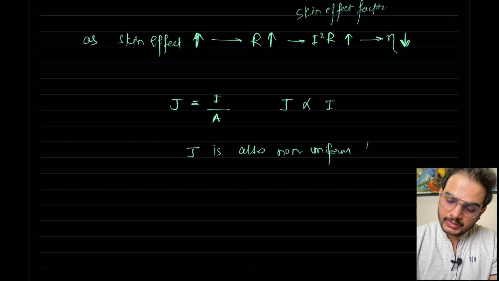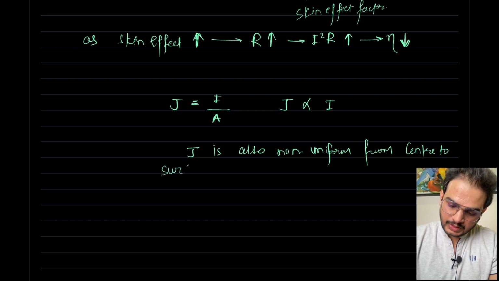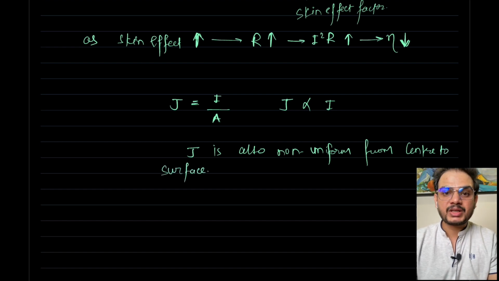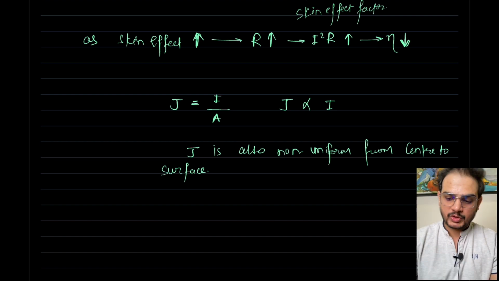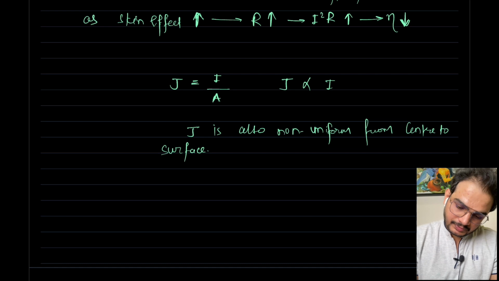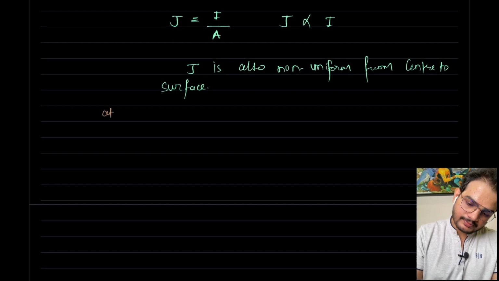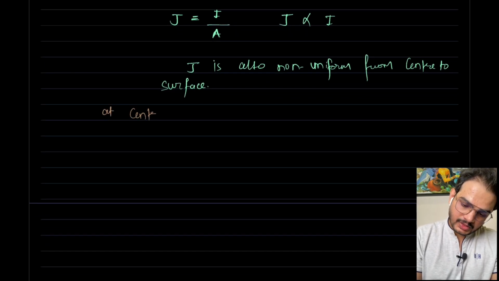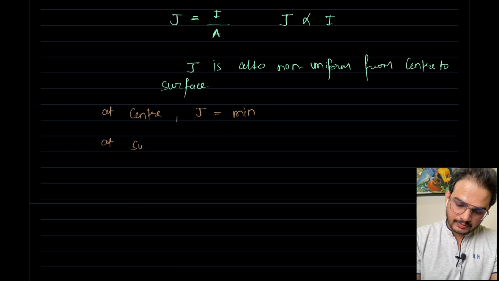non-uniform from center to surface, similar to my current. So at the center, my current density will be minimum. At the surface, my current density is maximum.